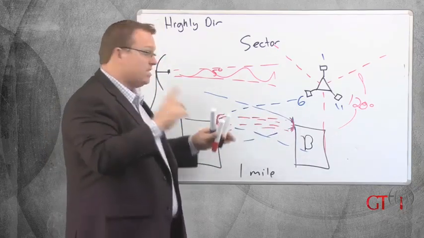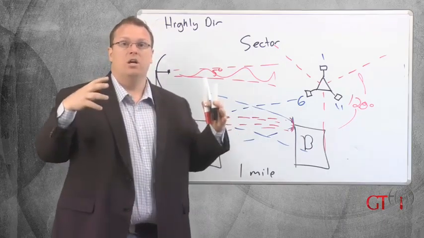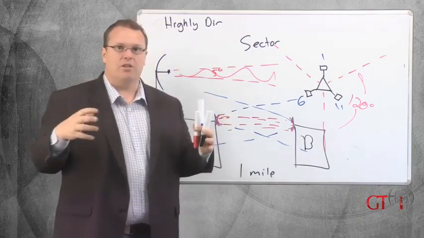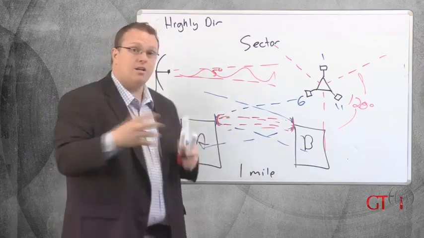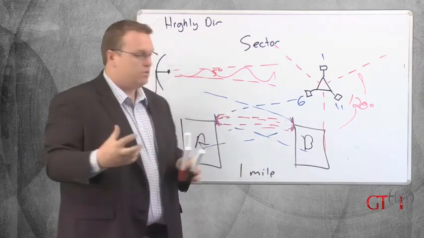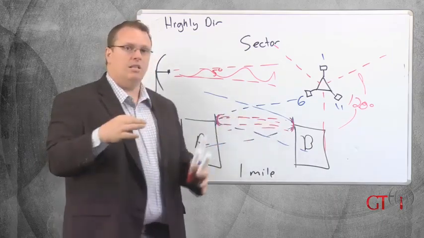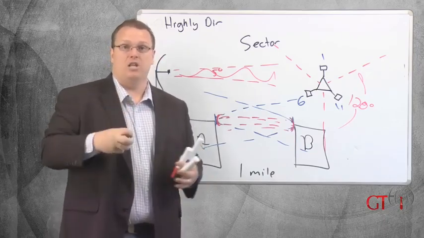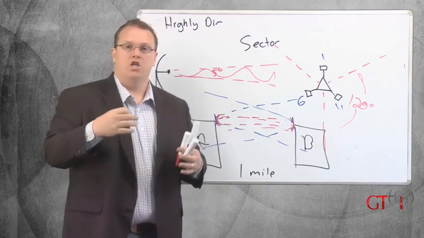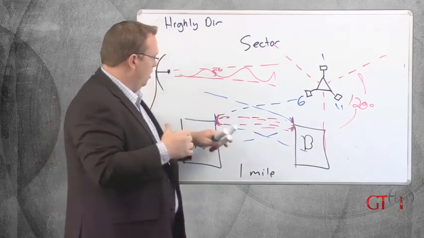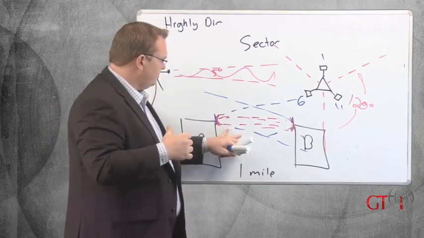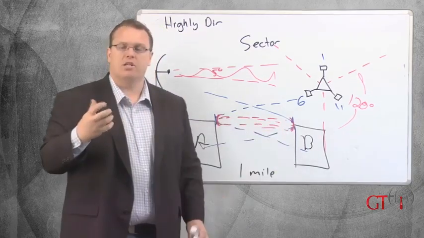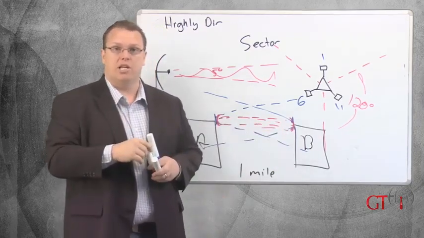Aesthetically, dishes are larger and kind of uglier than these semi-directional antennas, so this is all taken into consideration. But if you can use these highly directional antennas, turn the transmit power down. You can do that with an attenuator, which is a physical device to reduce the power, or inside of the transmitter, your access point or your bridge, you can actually reduce the transmit power.